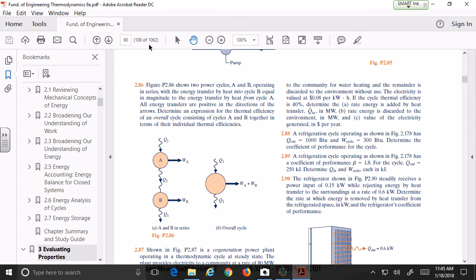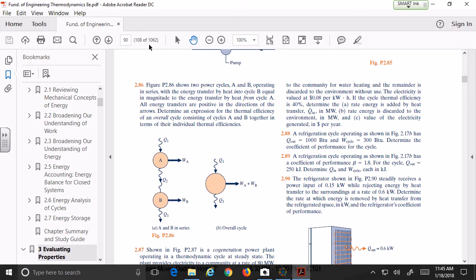Basically, one is receiving heat Q1 from a hot reservoir and is rejecting heat Q2 at a reservoir temperature, and this one is rejecting heat to a third reservoir, here Q3. All right.